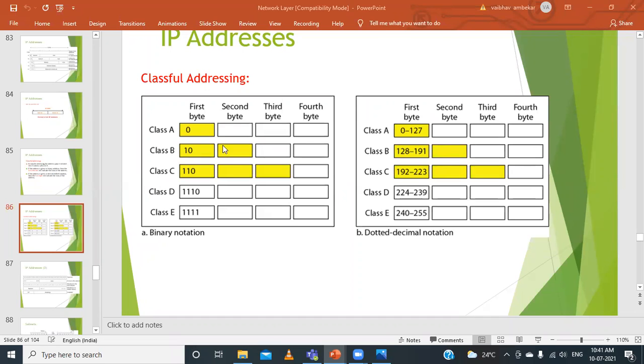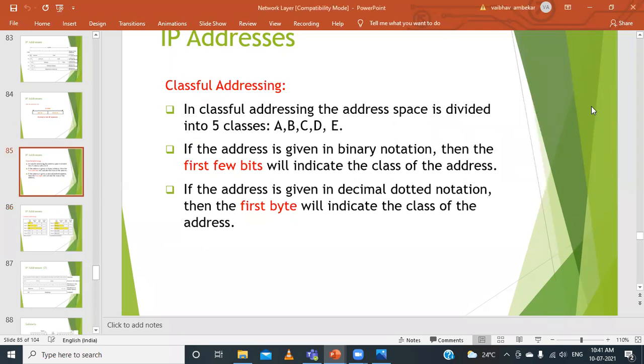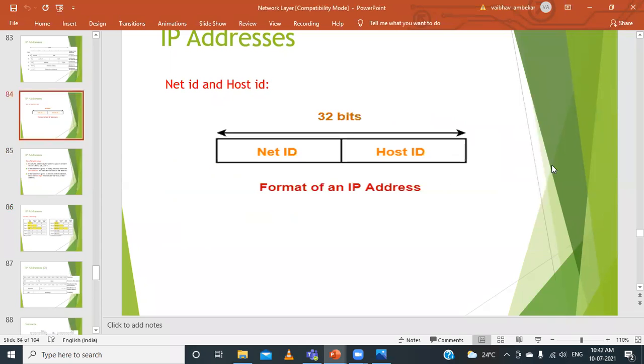The same similarity we can observe in the dotted decimal notation. If the first byte is from 0 to 127, then this belongs to class A. What we were discussing is the net ID and host ID.